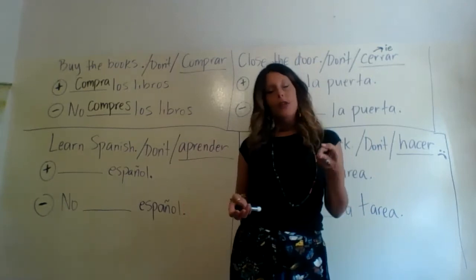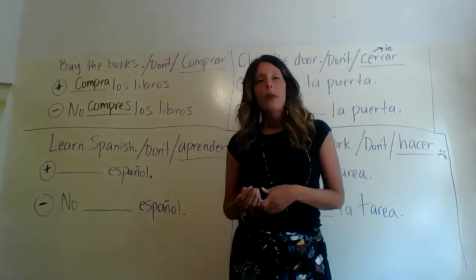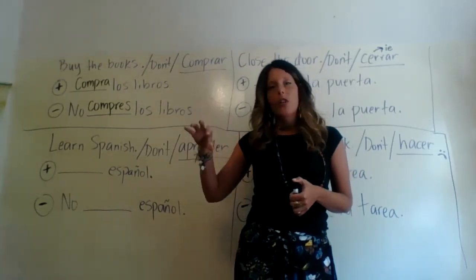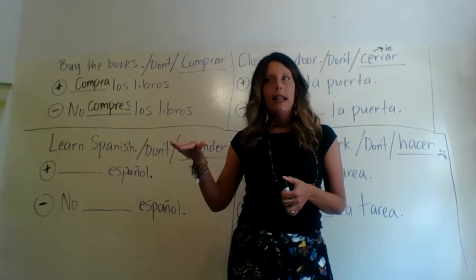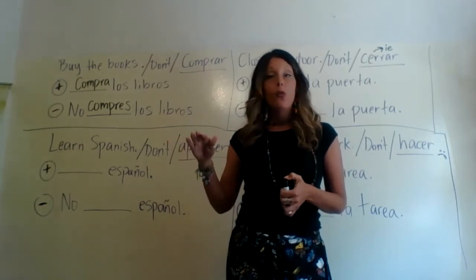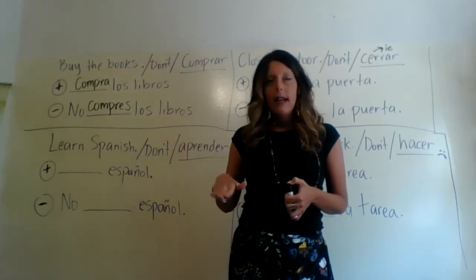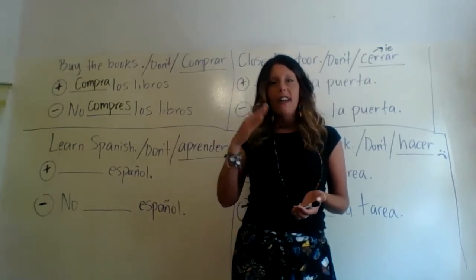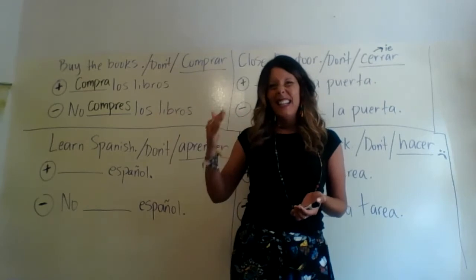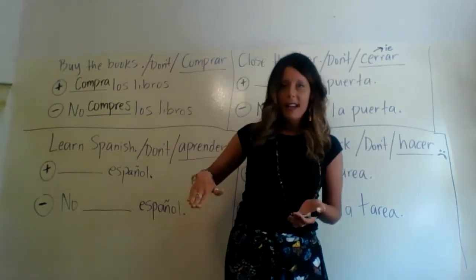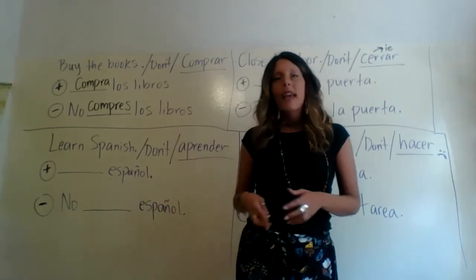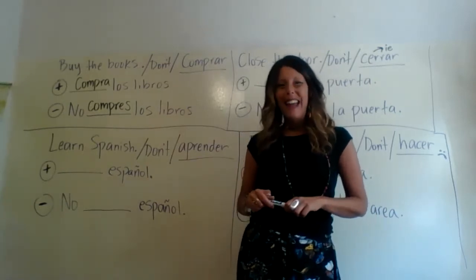Or if we chose option B, we would take the tú conjugation, the second person singular, which is aprendes in the present tense, and we would do what? Drop the S, and we would end up with A-P-R-E-N-D-E-S, drop the S. So in either one of the cases, we would end up with aprende, A-P-R-E-N-D-E.